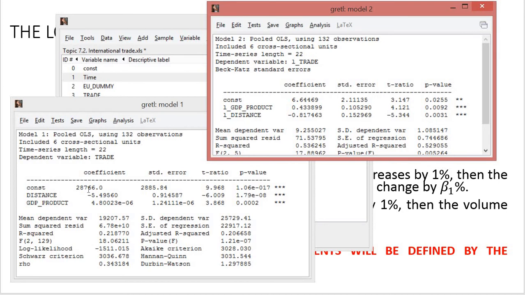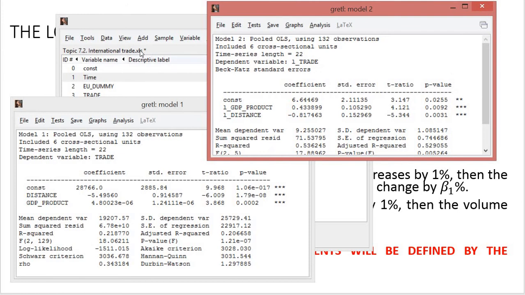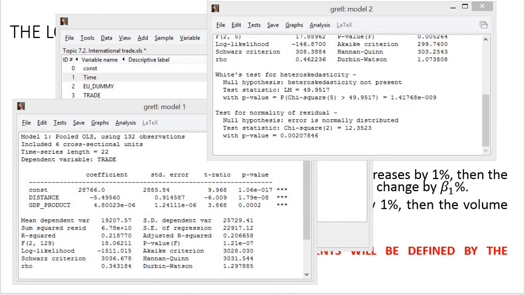The sum of squared residuals is different as well. So as you can see, those two models definitely provide different output.